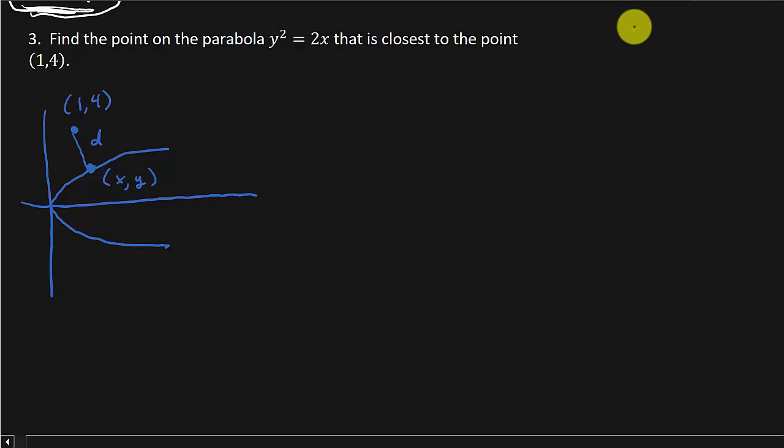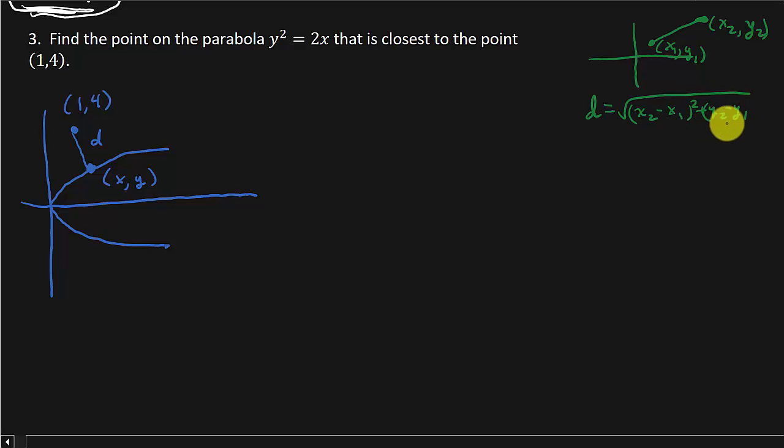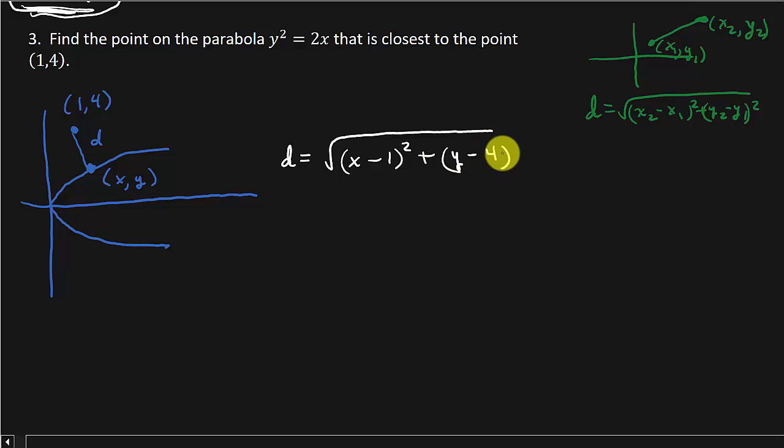So if you remember back from algebra, if you have 2 points on a graph, say x1, y1, and x2, y2, the distance between the 2 points is the square root of x2 minus x1 squared plus y2 minus y1 squared.